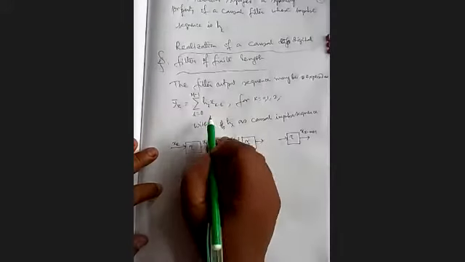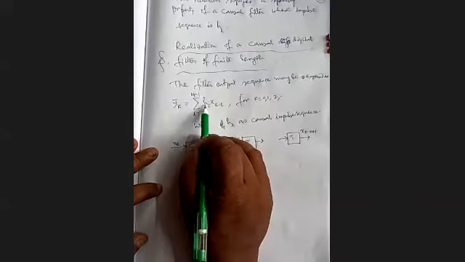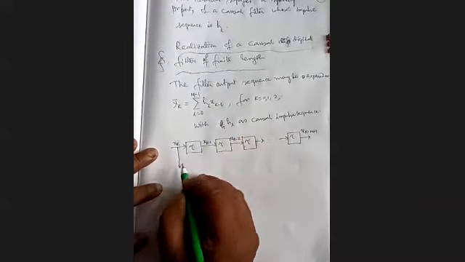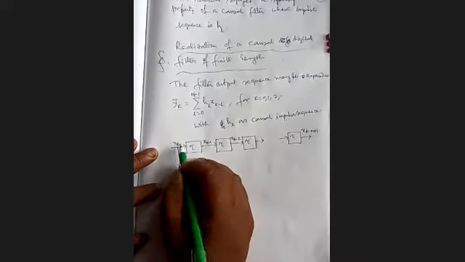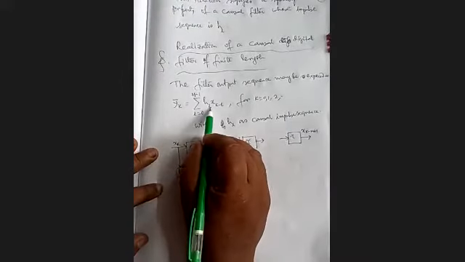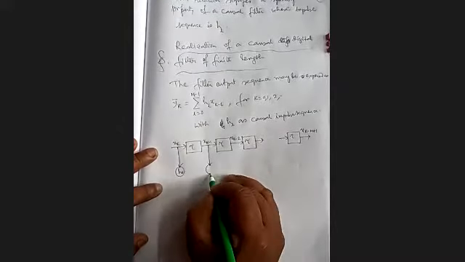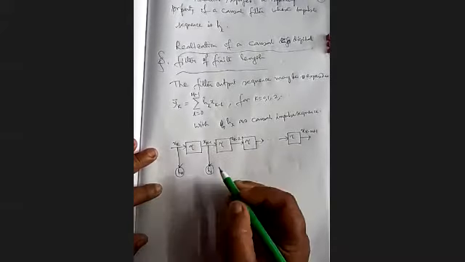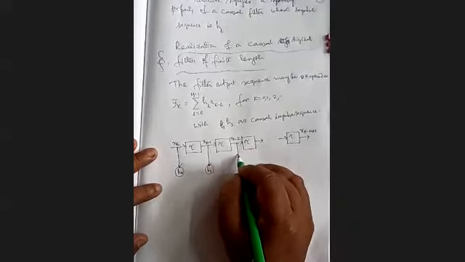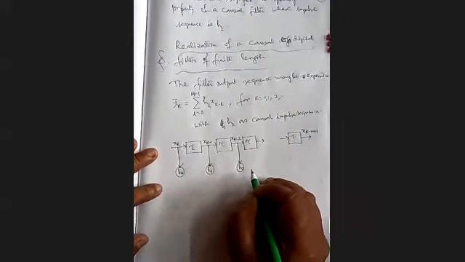And when our L equal to 0, then H0 will be multiplied with xk. When L equal to 1, then H1 will be multiplied with xk minus 1. When L equal to 2, then H2 will be multiplied with xk minus 2. So this way it will be there.